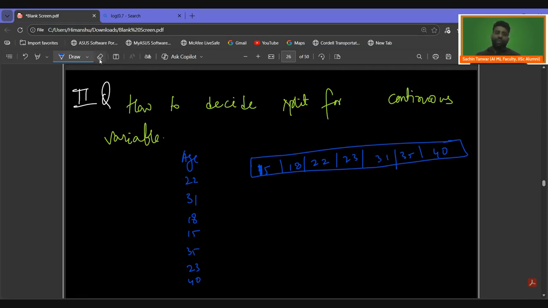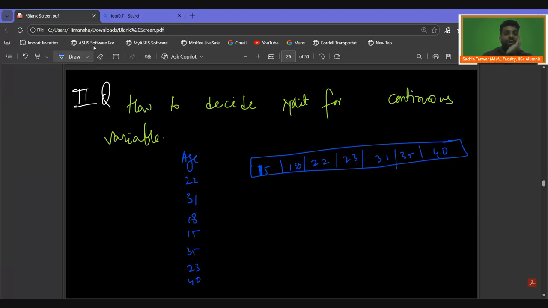Now, first of all, we were very clear for categorical because we already had the split defined: yes, no, male, female, something like this. For multiple categorical values, again, we have to decide what that should be, so that also goes like this only.